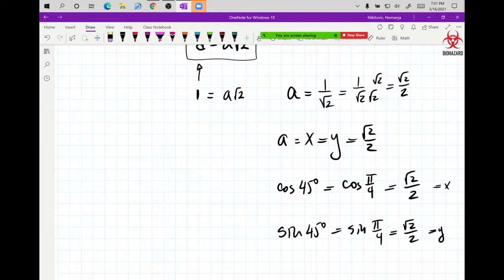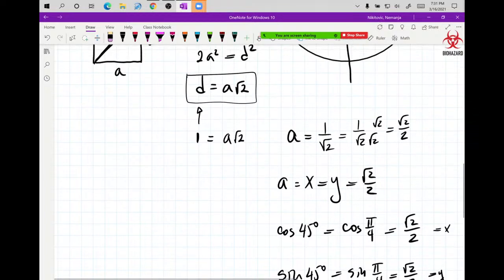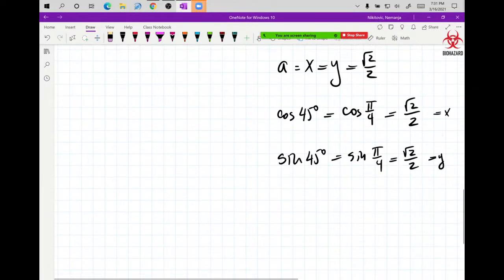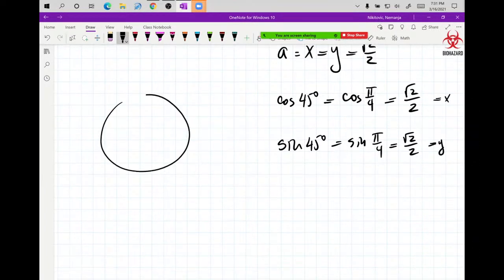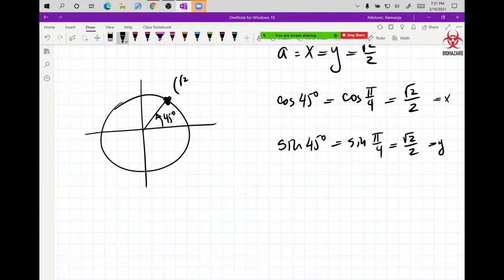But that's okay. So now, if I draw another circle over here, just quickly, this point here, which is at 45 degrees, has root 2 over 2, comma, root 2 over 2 as the coordinates.